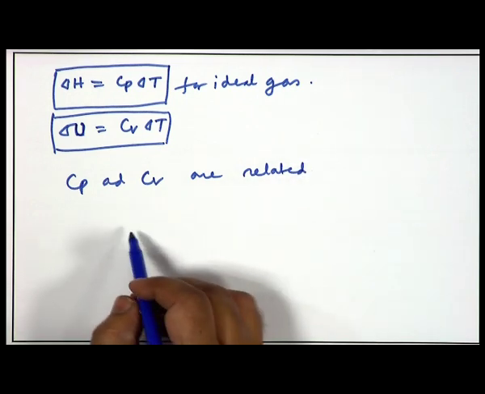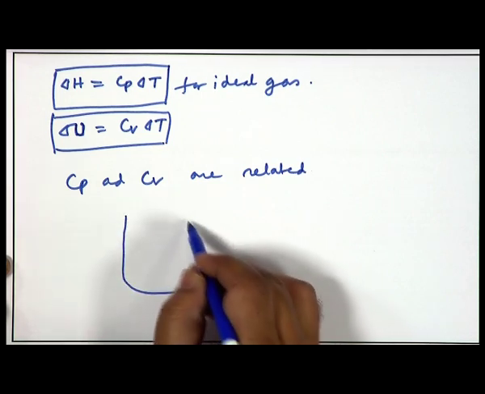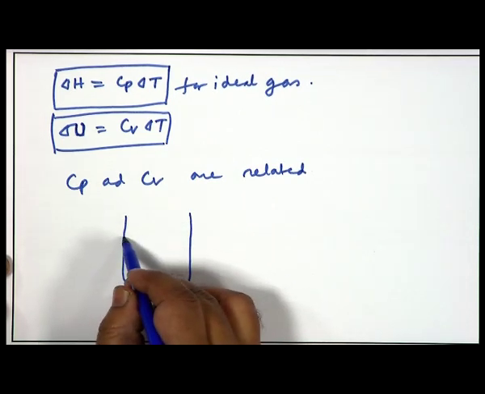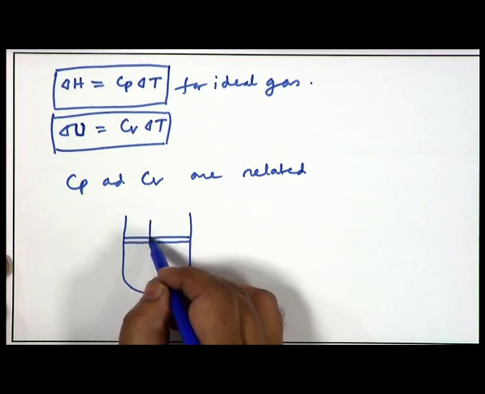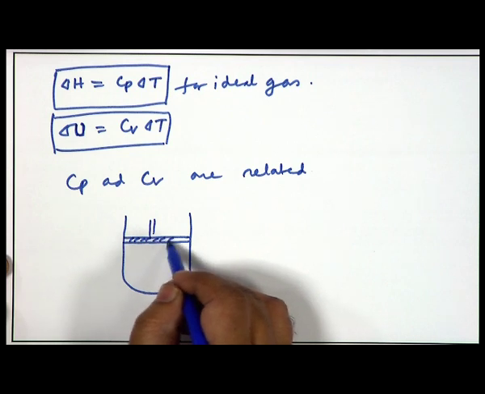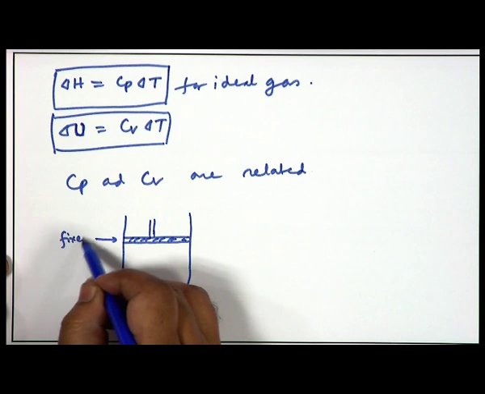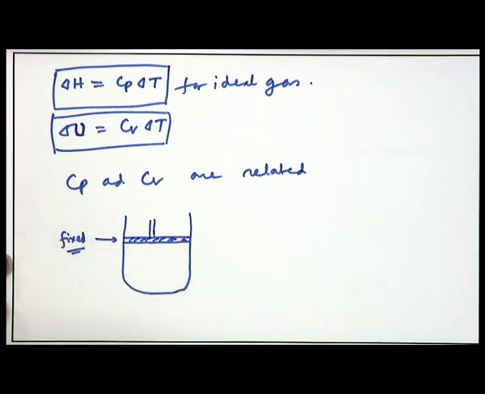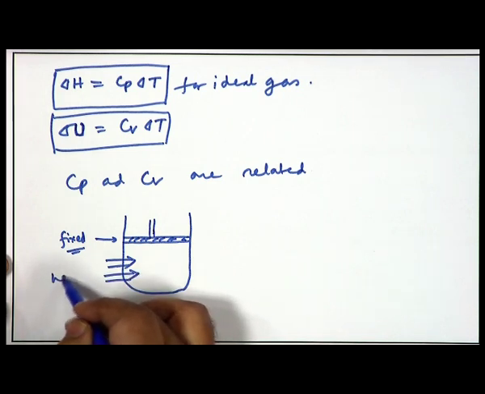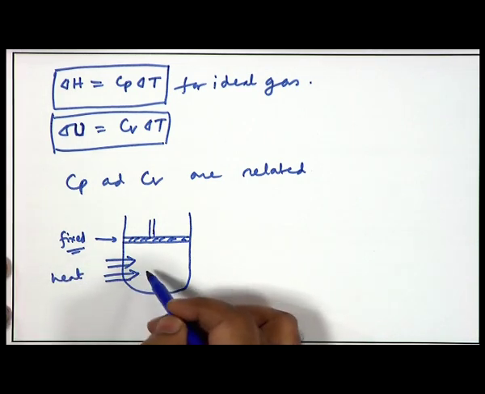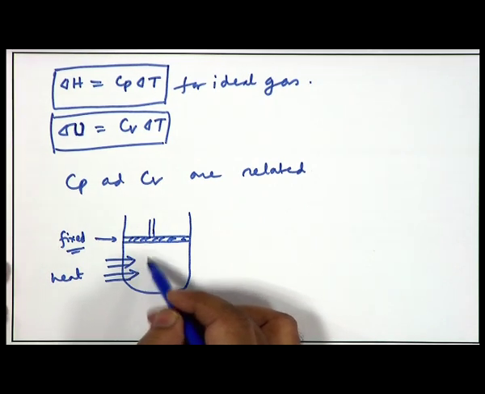If we consider two processes, say we take a cylinder and this is a piston. First we consider that this is fixed, so the volume does not change, and we supply some heat. Because we are supplying heat, it will increase the energy and the temperature will go up.